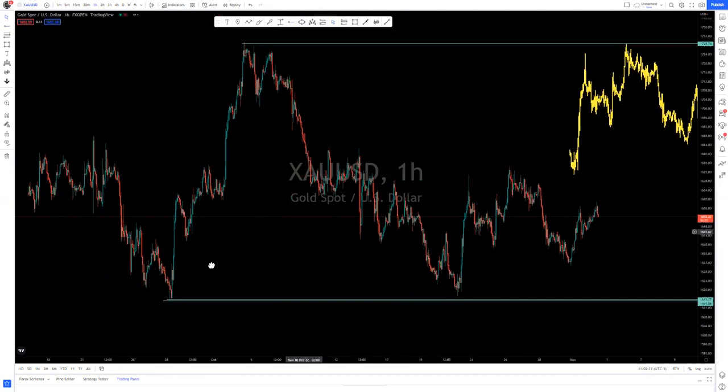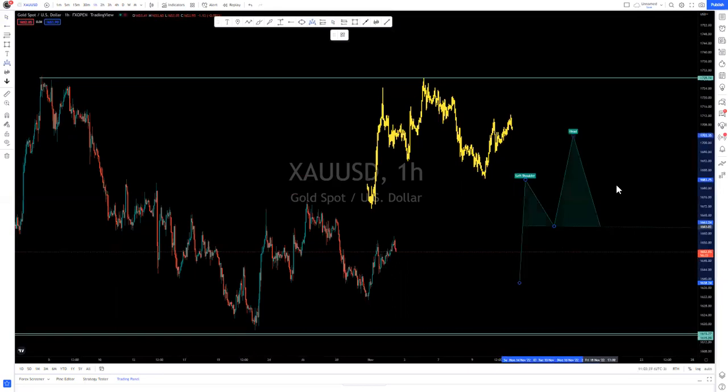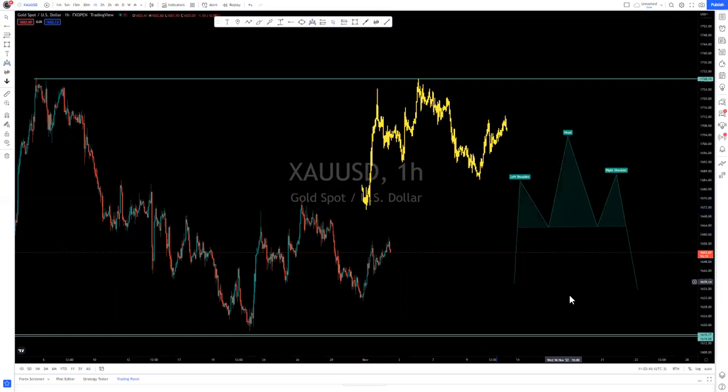So we're gonna look at how a head and shoulder setup is. Head and shoulder setup, it's something like this: this is the left shoulder, and then this is the head, and this, and this. So the question now is, do those things look the same?